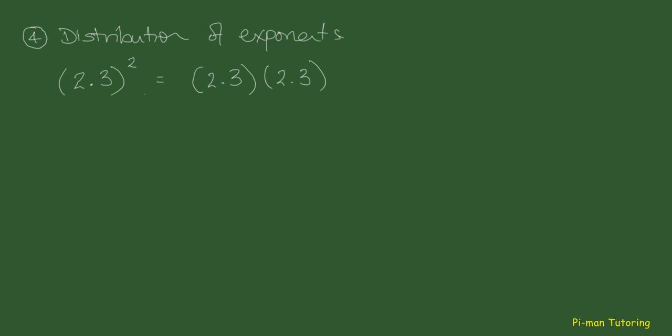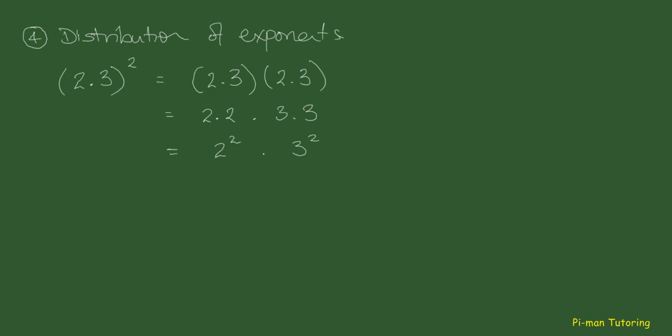Now, when we multiply things together, we can put them in any order we like. So 2 times 3 times 2 times 3 is the same as 2 times 2 times 3 times 3. We can group things together without changing the value of the answer. And we're left here with 2 times 2, which is 2 squared, multiplied by 3 times 3, which is 3 squared.